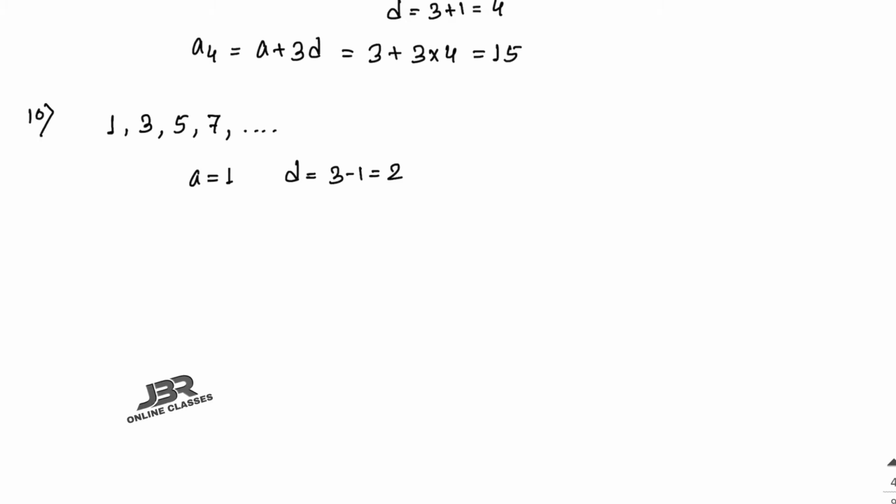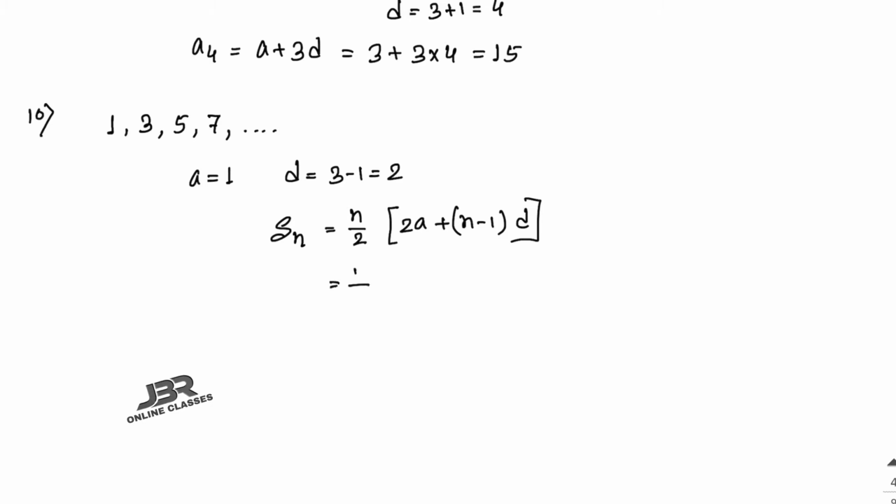So if you want to find out the summation of first n natural numbers, here the formula Sn equals n by 2 into 2a plus n minus 1 into d. That is the formula to find out the sum of n numbers.